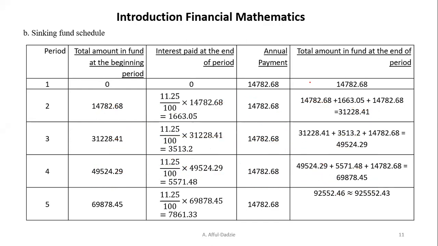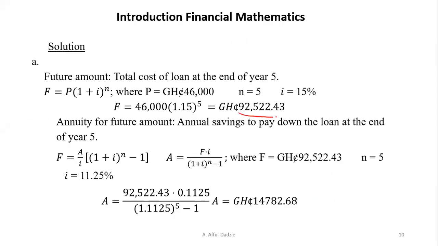I also advise that once you've been able to calculate your annual payment, you write the columns: the period, the amount at the beginning, the interest at the end of the period, the annual payment, and the total amount at the end of the period. Fill in the annual payment so you don't forget anything. So you notice that the value at the end of period 5 must be equal to the future value that you calculated.